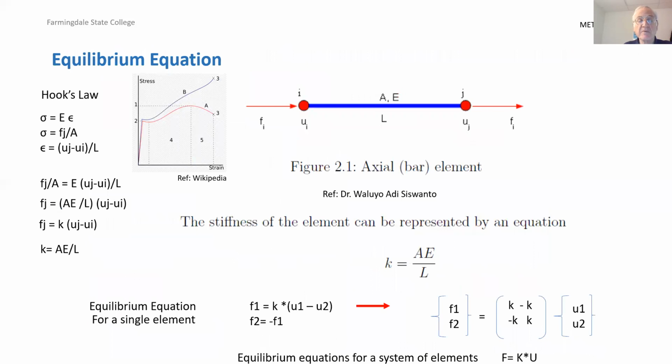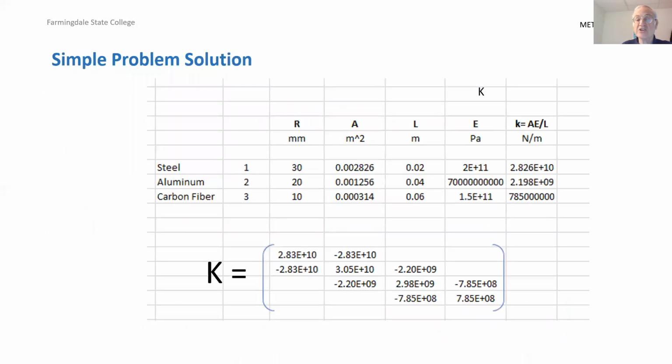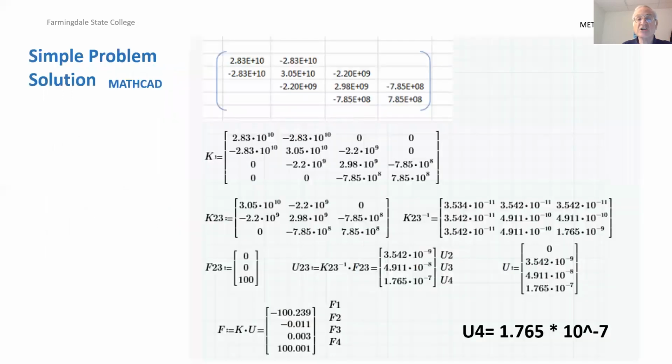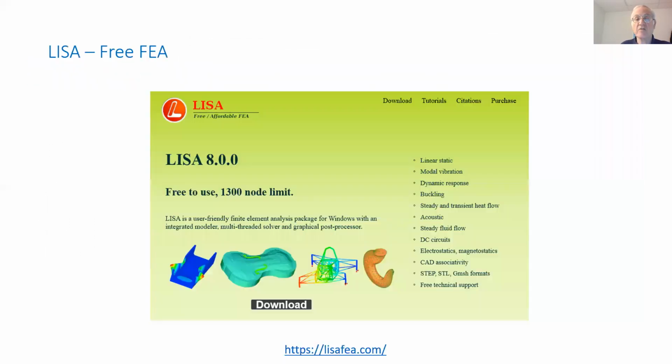We see over here an example of how it's done in an equilibrium equation for a stiffness problem. It's all based on Hooke's law, which provides us a basic relationship. And then we can construct the stiffness of a single element in a matrix form, and then assemble the matrix form into a larger matrix, and then solve it using MATLAB or MathCAD to determine the unknown forces and deformations.